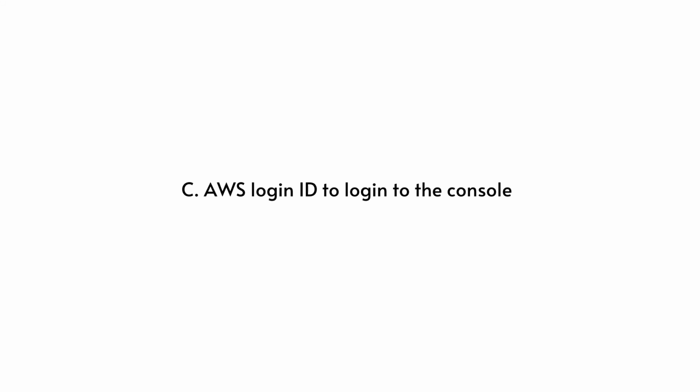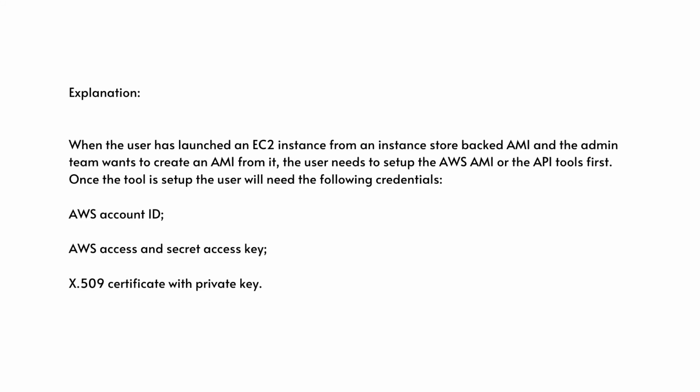Explanation: when the user has launched an EC2 instance from an instance store backed AMI and the admin team wants to create an AMI from it, the user needs to set up the AWS AMI or the API tools first.